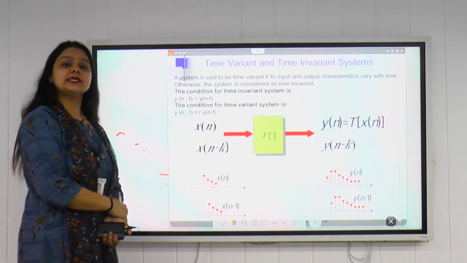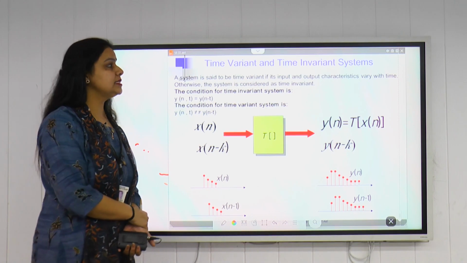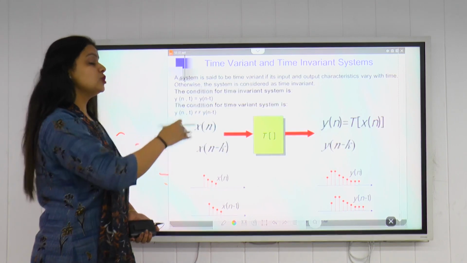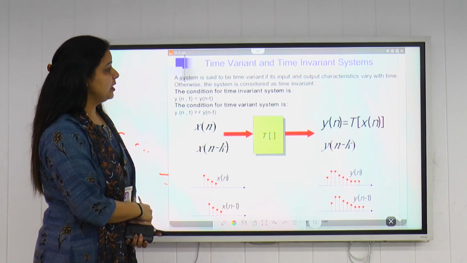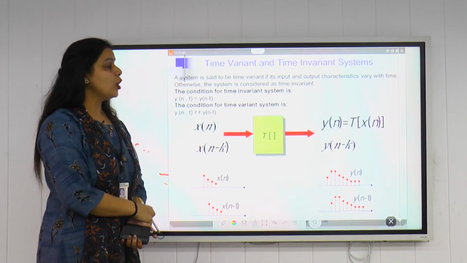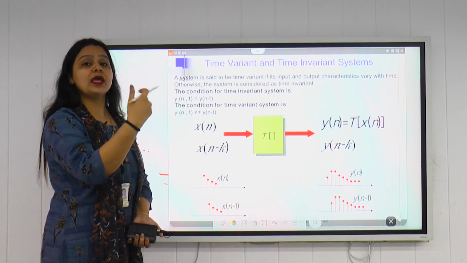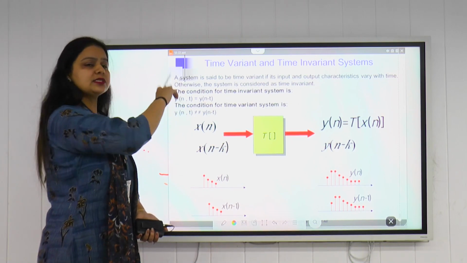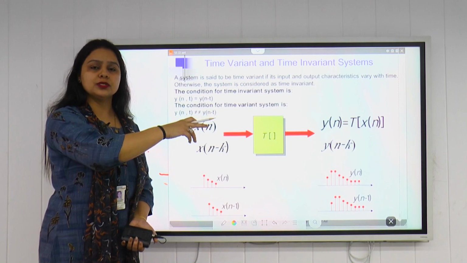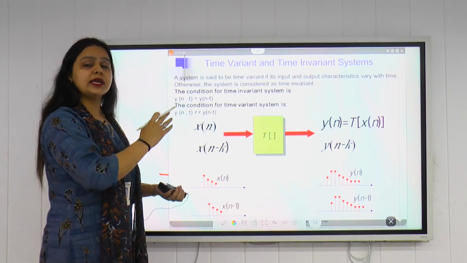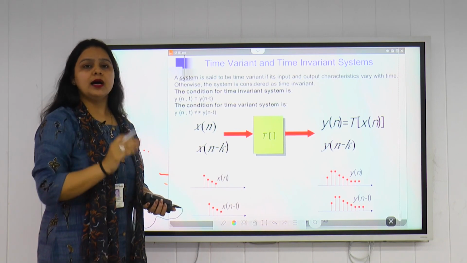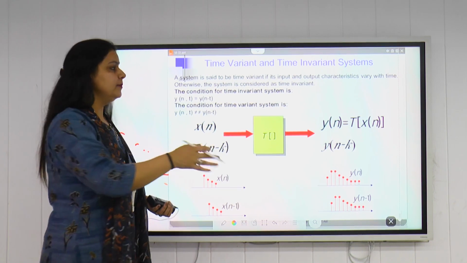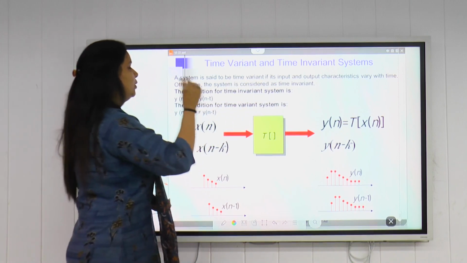Coming to the next system, we have time variant and time invariant systems. It's also a very important type of system. A system is said to be time variant if its output and input characteristics vary with time. Otherwise, the system is said to be time invariant. If the characteristics are varying with time, the system is time variant; if they are not varying with time, it is time invariant.